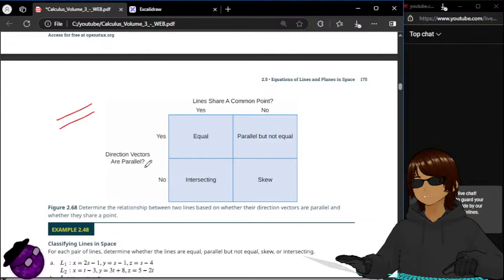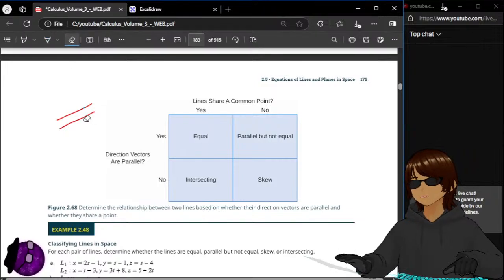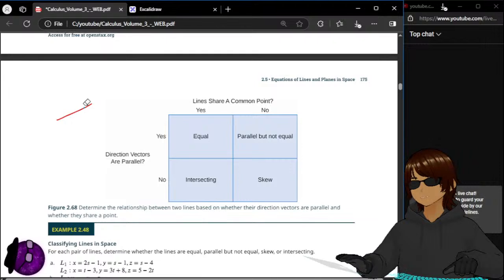If the direction vectors are parallel but they don't share a common point, then they're parallel but not equal. So every equal line is also parallel, right? If the direction vectors are not parallel but they share a common point, then they're intersecting, right?